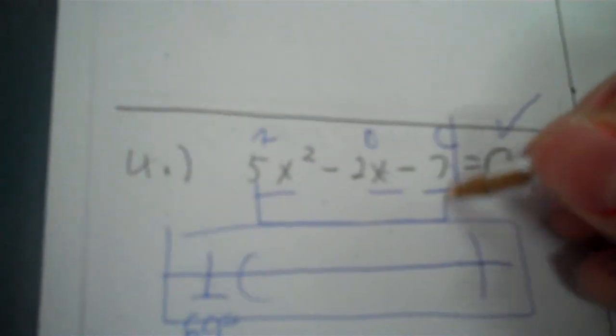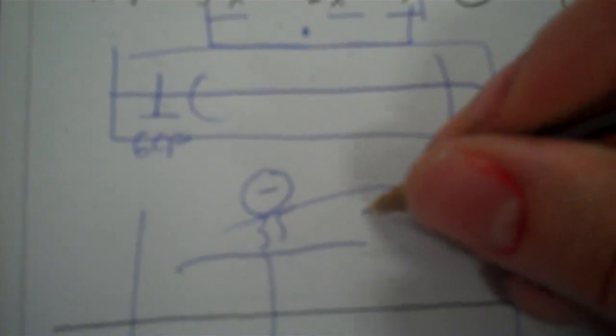So I find my AC product. 5 times negative 7 is negative 35. So it is a negative product. So the only way to get a negative product is if the signs mismatch. Positive, negative. And you have to add to what your B is, which is negative 2. So 35 divided by 1 is 35.